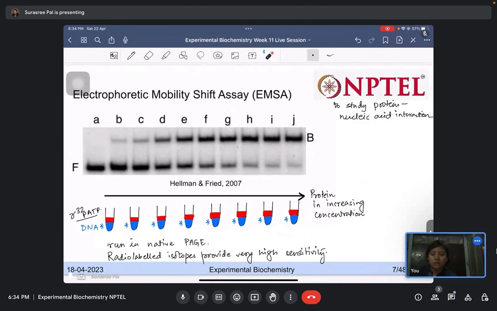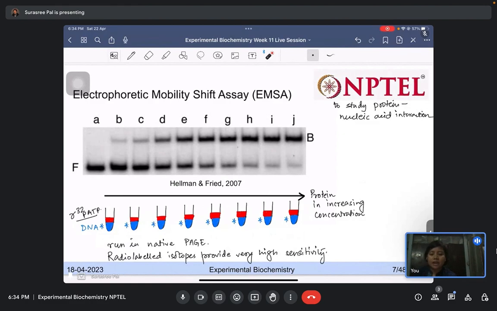And then these samples will be run in native PAGE. Native PAGE is the non-denaturing PAGE where there will be no use of SDS, right? So therefore, the PAGE is not denaturing in nature.